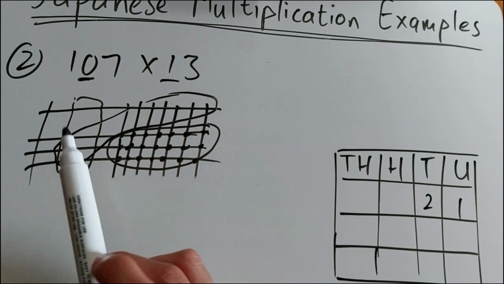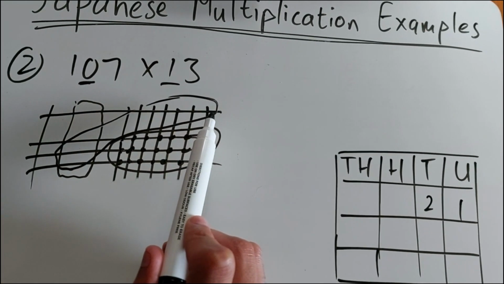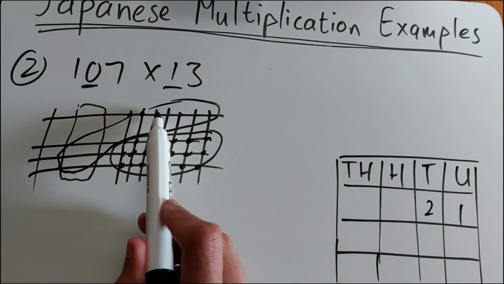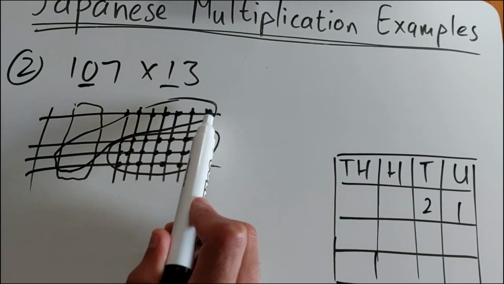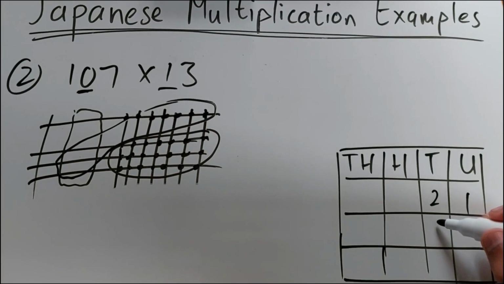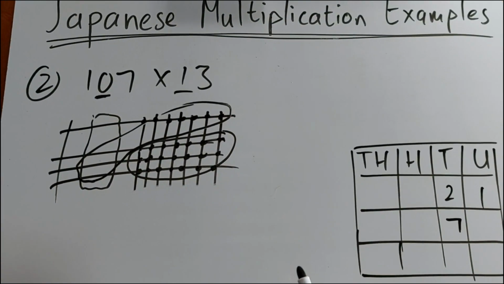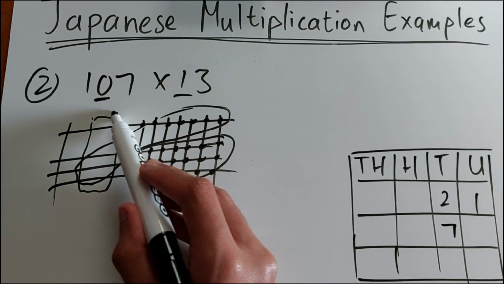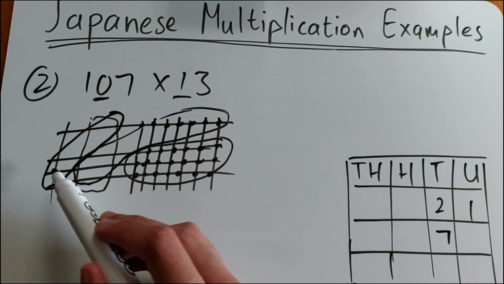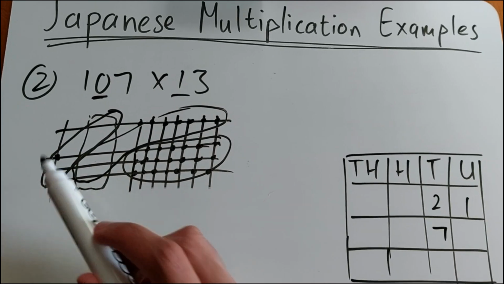Since it's 0 here, we take 0 and then we add the cross section of the top right group, which is 1, 2, 3, 4, 5, 6, and 7. We write our 7 down in our tens, and then our next cross section includes this cross section group and our 0 here. So it's 1, 2, 3.